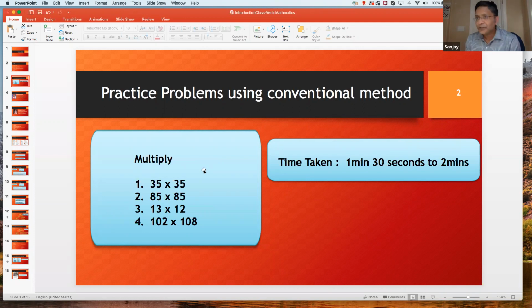If you can just grab a piece of paper and pen and try these problems and see how long it takes you to do it. I will resume in the next 1 minute or so. Take some time and see if you can do one of these problems or more than one.